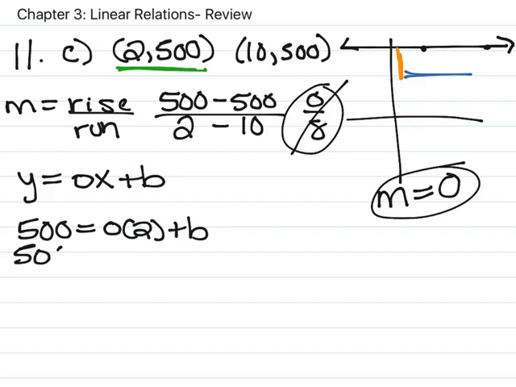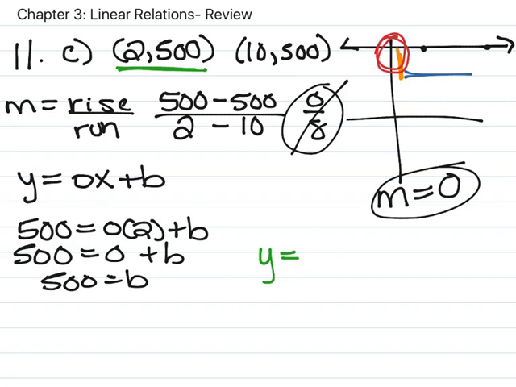So 500 is equal to 0 plus b. 500 is equal to b. Which makes sense, as we can see back in my silly sketch over here, that it crosses at 500 because it stays at the same value the whole way across. So your final equation would just be y is equal to 0x plus 500, which is the same thing as y is equal to 500.